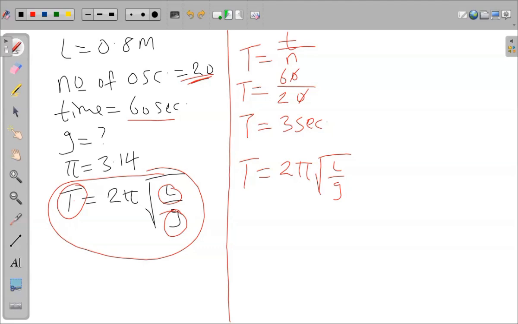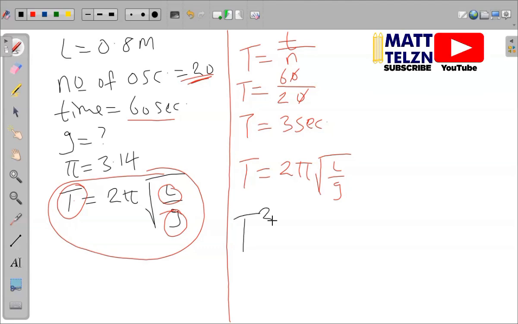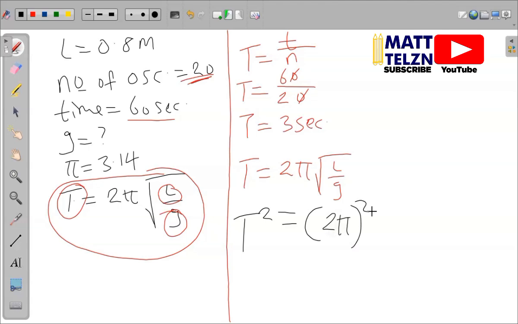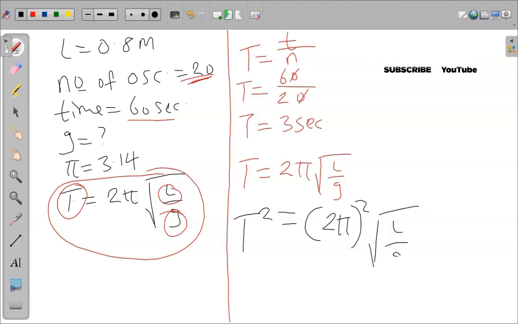So I'm going to have T squared equal to open bracket 2 pi squared, times L over g also squared. These two will cancel this root.